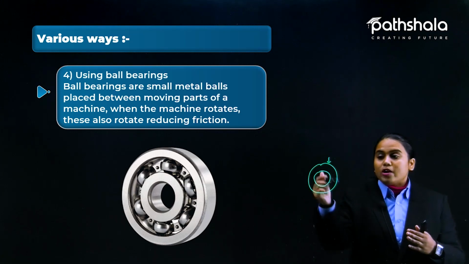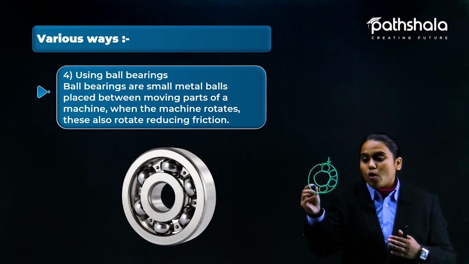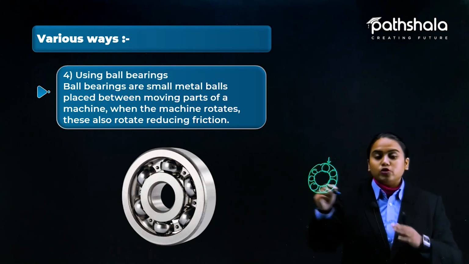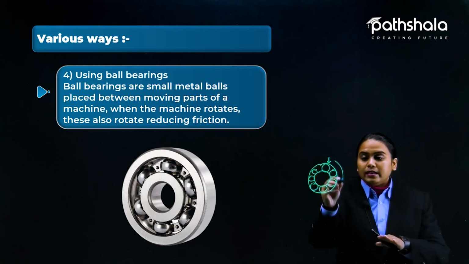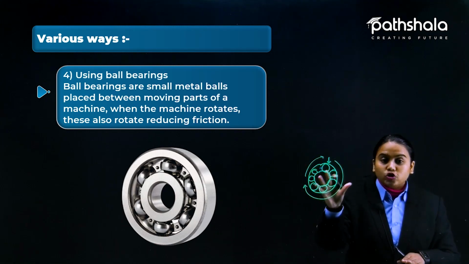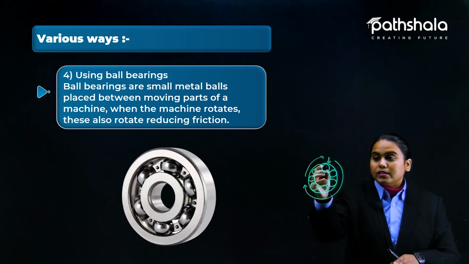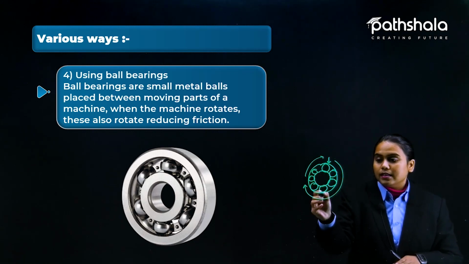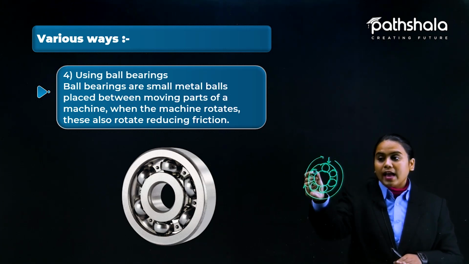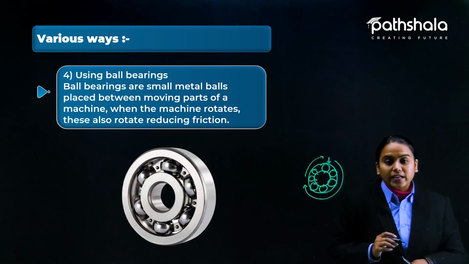Now because we are using small balls in between, these small balls help the outer surface to move over the inner surface in a very effective manner, which does not let the friction value get high, because only these points are in contact with the outer one, and these are in contact with the inner surface.